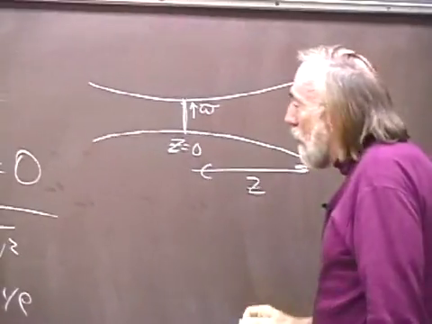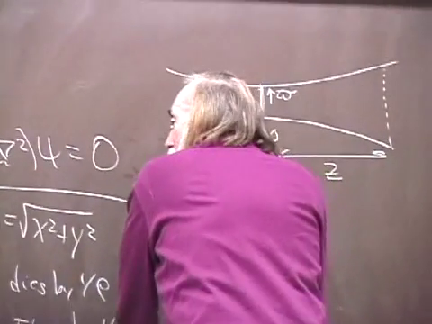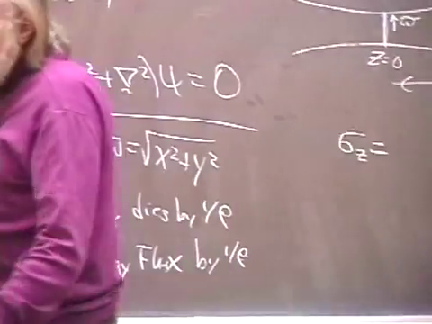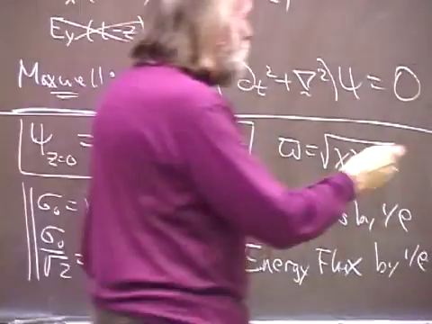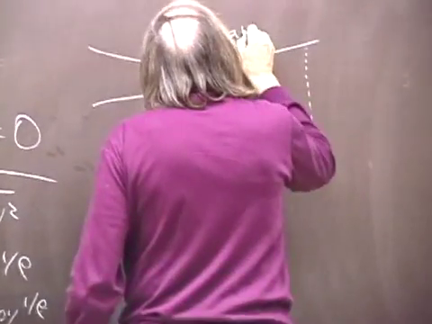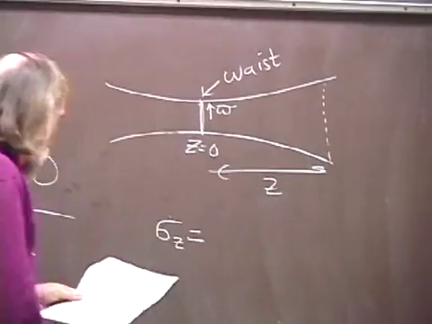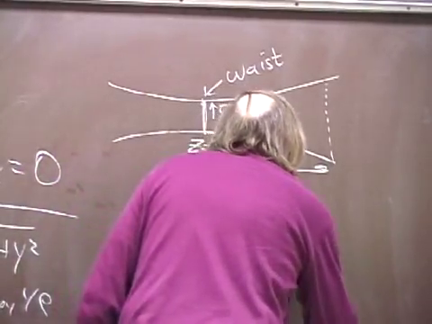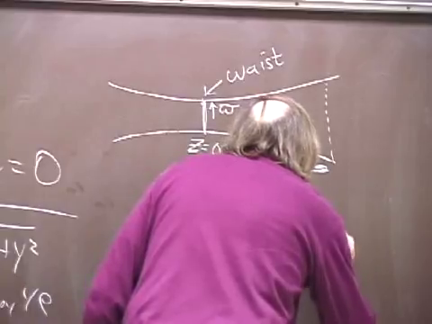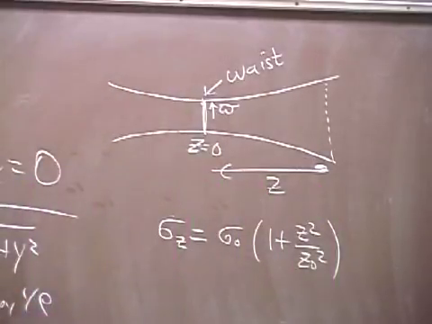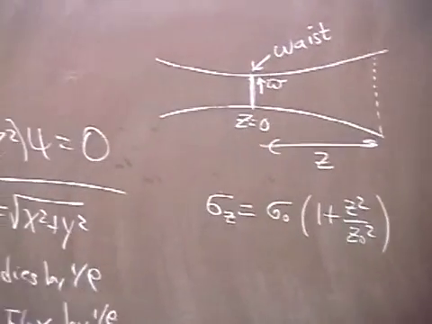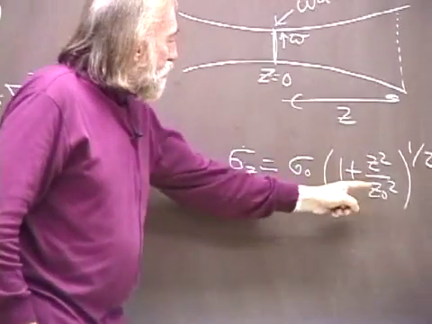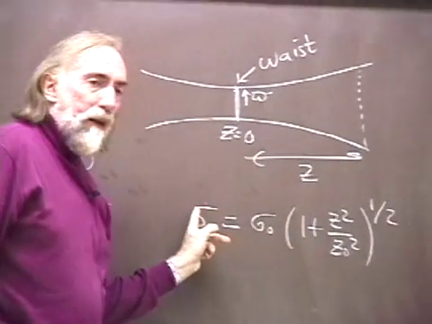It has changed so that the size of the spot, a distance z away from the waist, this is called the waist, is the original size times 1 plus z squared over z0 squared, to the 1/2. Here z0 is obviously the characteristic length, the characteristic distance you have to travel. It's the distance you have to travel in order to increase the spot size by the square root of 2.